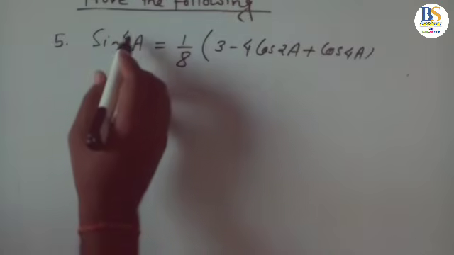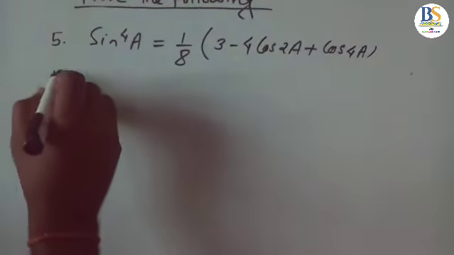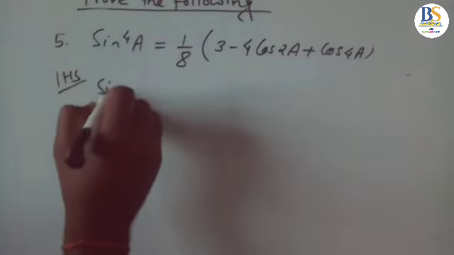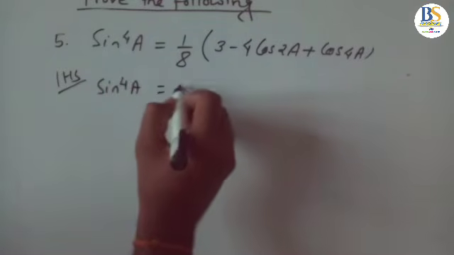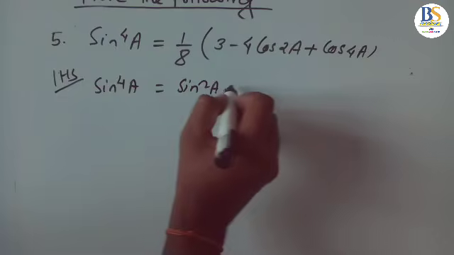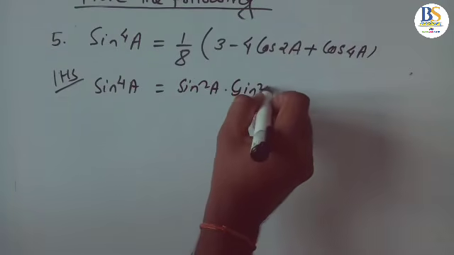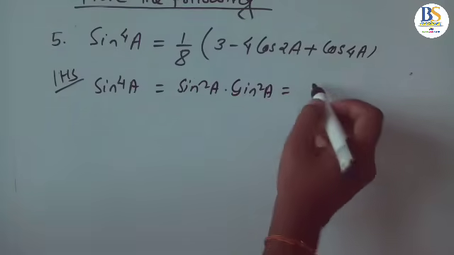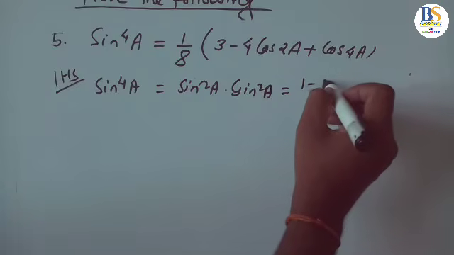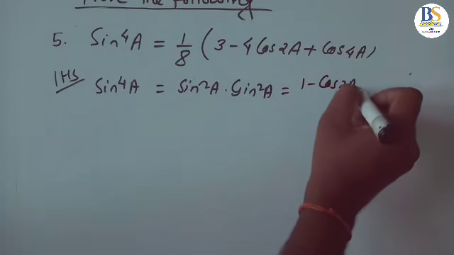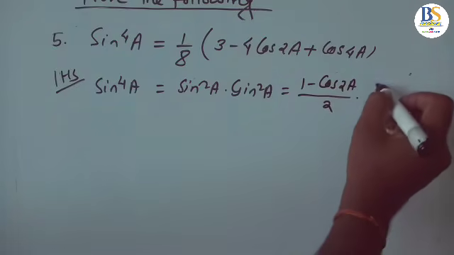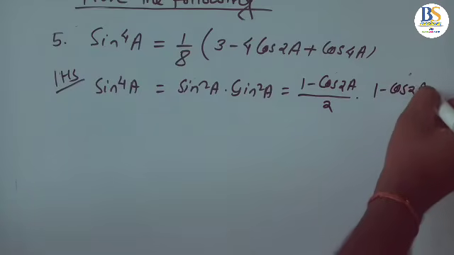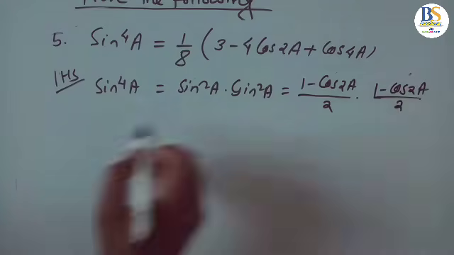Next, sin to the power 4a equals something. From LHS, sin to the power 4a can be written as sin square a times sin square a. Then sin square a in terms of cos 2a is 1 minus cos 2a upon 2. 1 minus cos 2a upon 2.